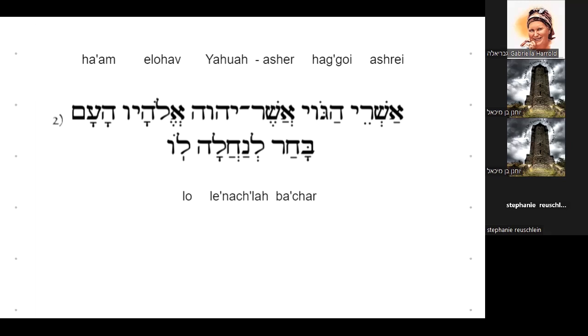Okay? So ashrei, we have the root word ashar, but then we've got this yud on the end. So this is not saying my happiness at all. What this yud on the end is doing is modifying it and adding kind of a link. If we took happy or satisfied or delighted, it's being used as a linking verb.